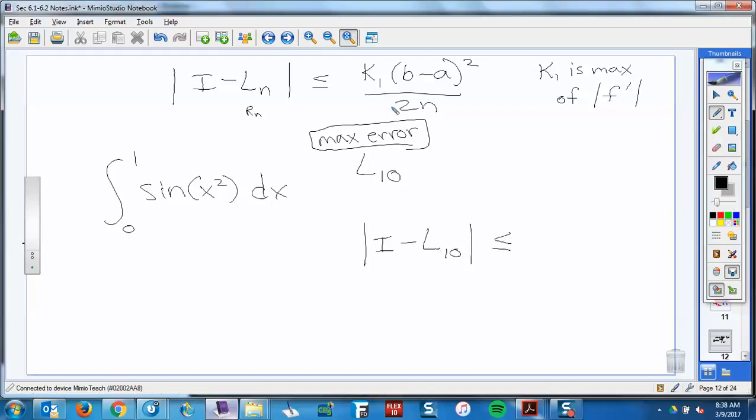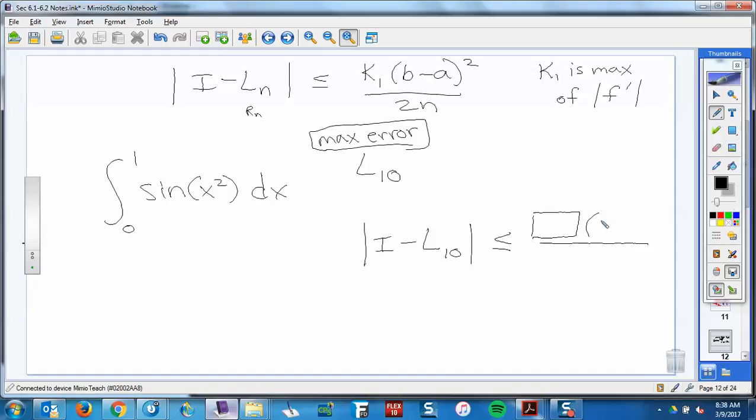Now let me show you how I'm going to grade this, because you get to use your calculator for a lot of this. So the way I'm going to grade this and see that you're using your formula is you're going to have to show your work here. So I'm going to put a box right here for K1. Okay, we'll get to finding K1 in a minute. And then what am I going to have in here?